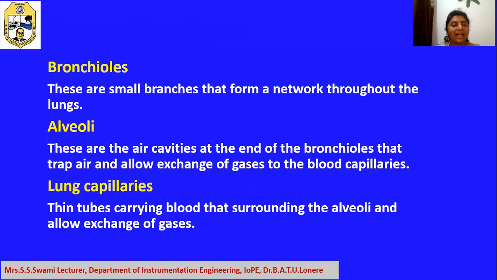Lung capillaries, thin tubes carrying blood that surround the alveoli and allow exchange of gases. In this way, these are the various organs which work for our respiratory system.